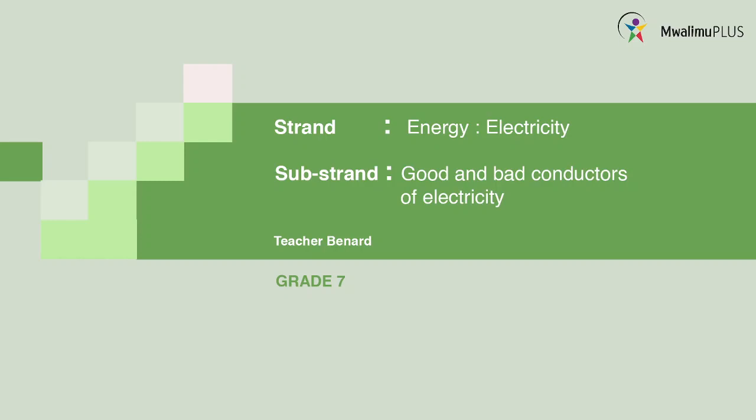We said that current electricity, for example, flows through wires. And we are going to use wires to help us discuss both the good and the bad conductors of electricity. Let us look at the diagram on the screen.